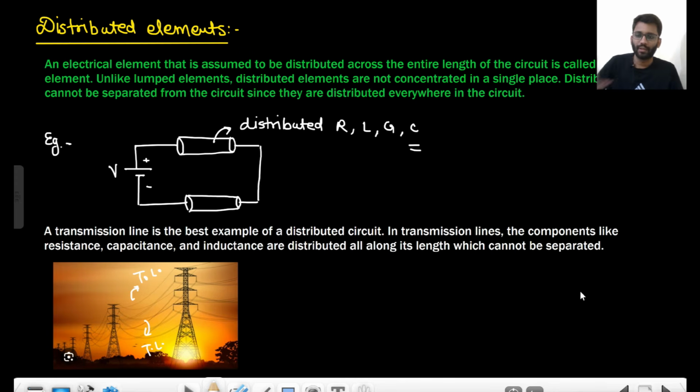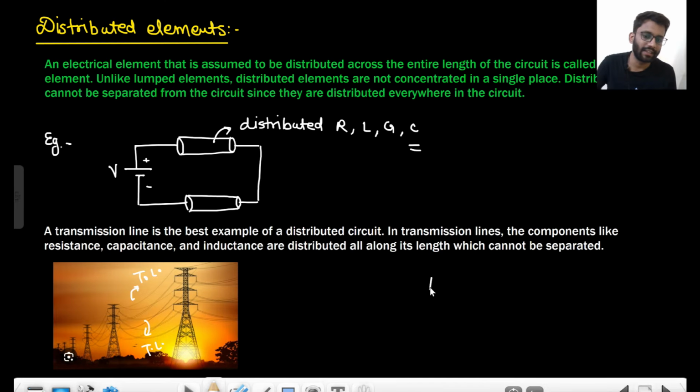A transmission line is the best example of a distributed circuit. When you study the transmission line in depth, for circuit analysis you will just take the resistance over a length delta z.